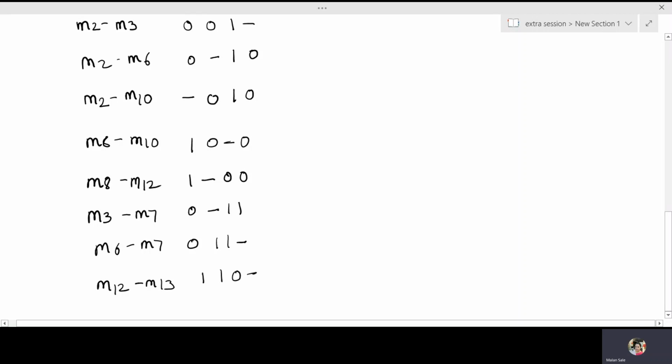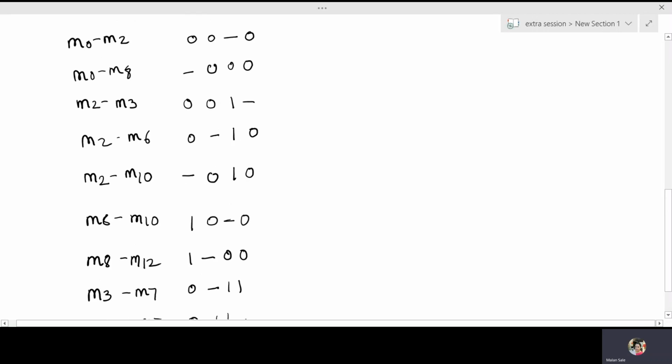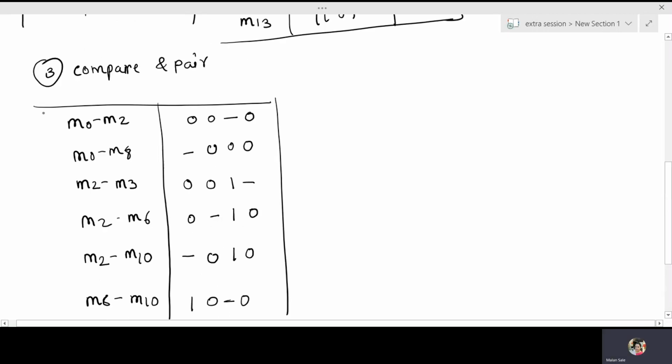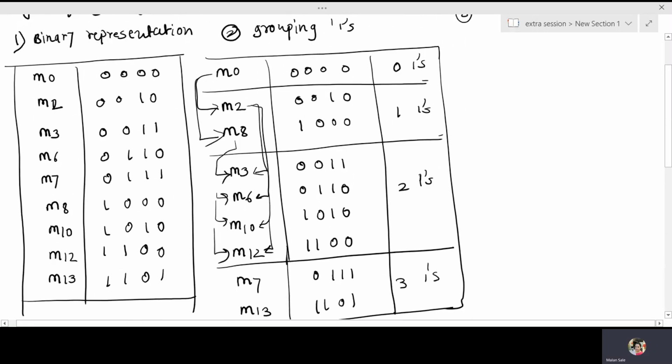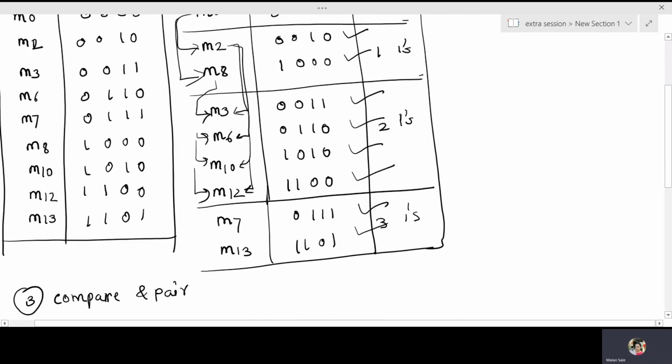The minterms which came in this grouping are implicant parts, so we have to put a tick mark in front of all these minterms. All these minterms are present in the grouping, so I have made a tick mark.